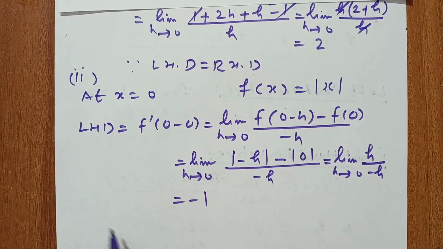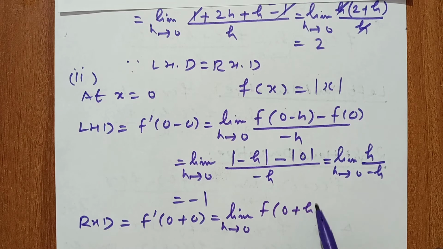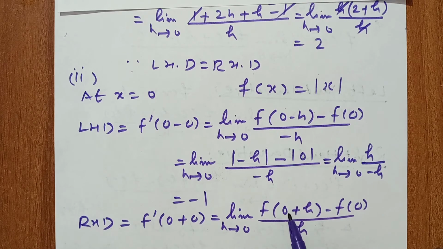And right hand derivative. So what is right hand derivative? F dash 0 plus 0. This is equal to limit h tends to 0 of f of 0 plus h minus f of 0 upon h. What is f of 0 plus h?